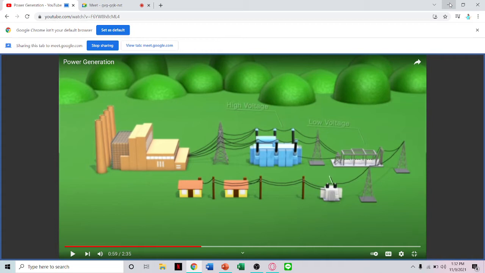If, for example, your device needs 110 volts only, and then you insert it into 220 volts, the device will explode or can get broken, right? It will explode or it will get broken because the electricity in the socket is way too strong for your device.